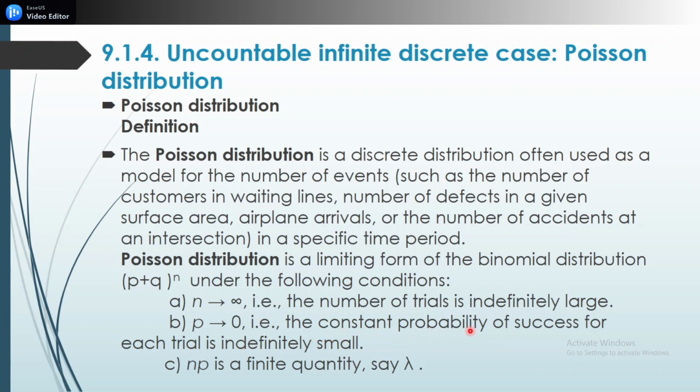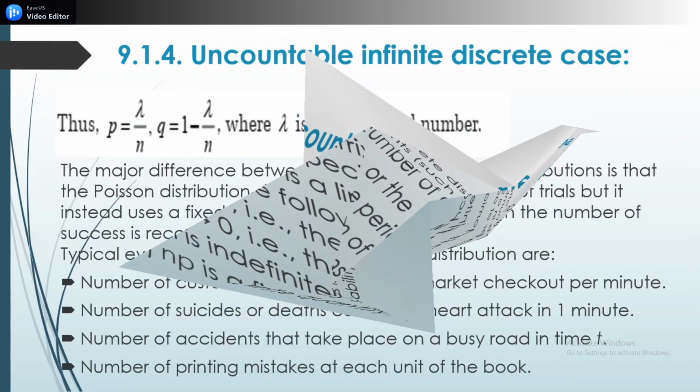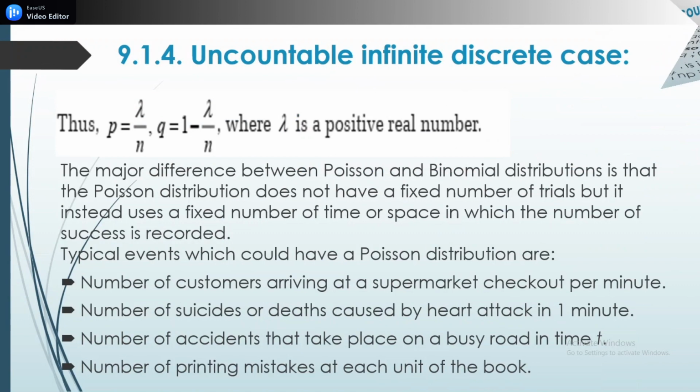The constant probability of success for each trial is infinitely small. N times p is a finite quantity, say lambda, which means lambda is the mean. As in the binomial distribution, lambda here symbolizes the mean, equal to n times p, as it is in the case of Bernoulli.